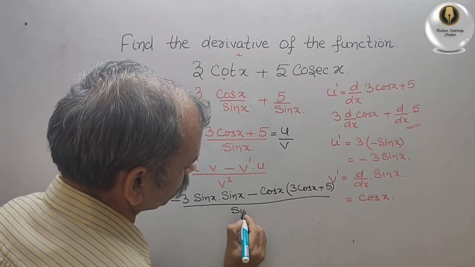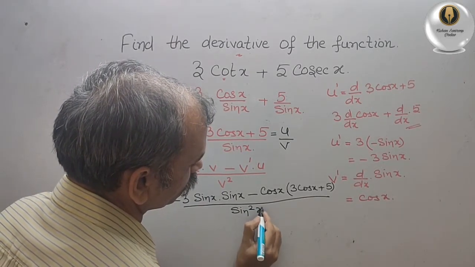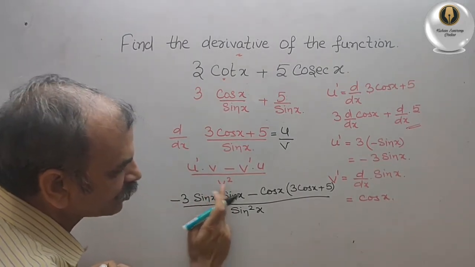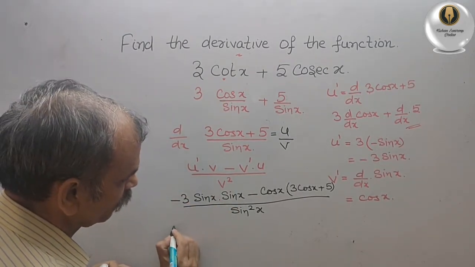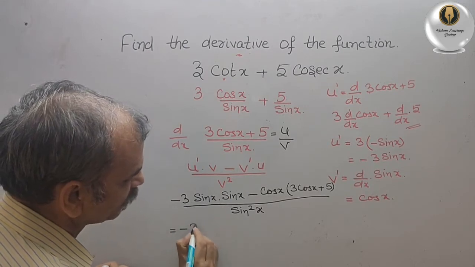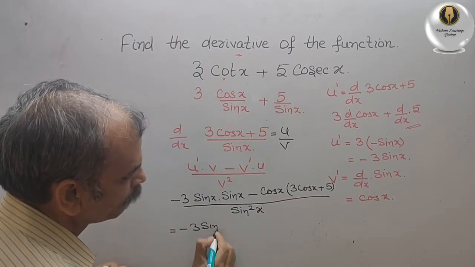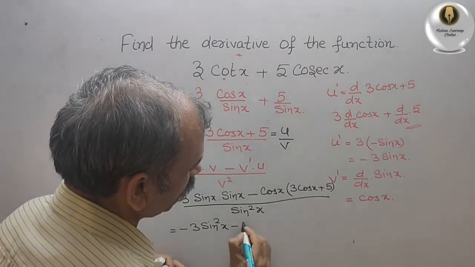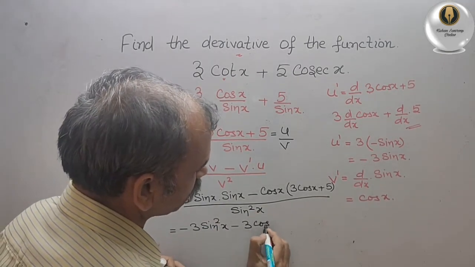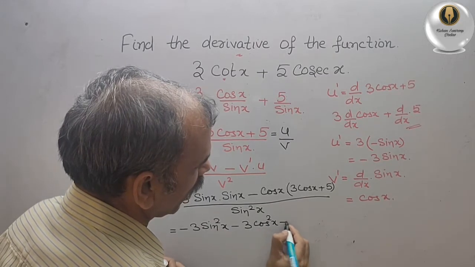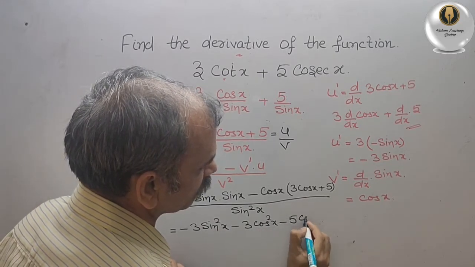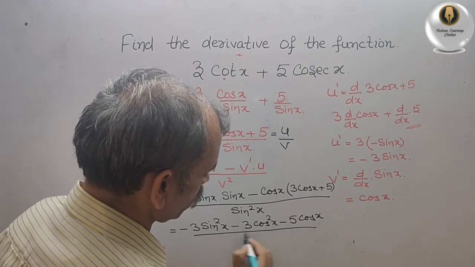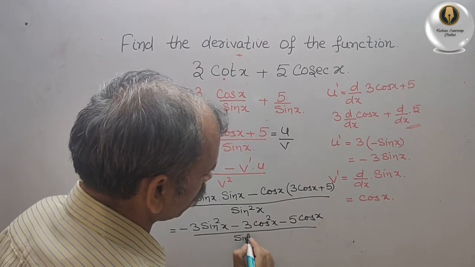Now you can see here minus 3 sin square x. This is equal to minus 3 sin square x, here minus 3 cos square x, minus 5 cos x, by sin square x.